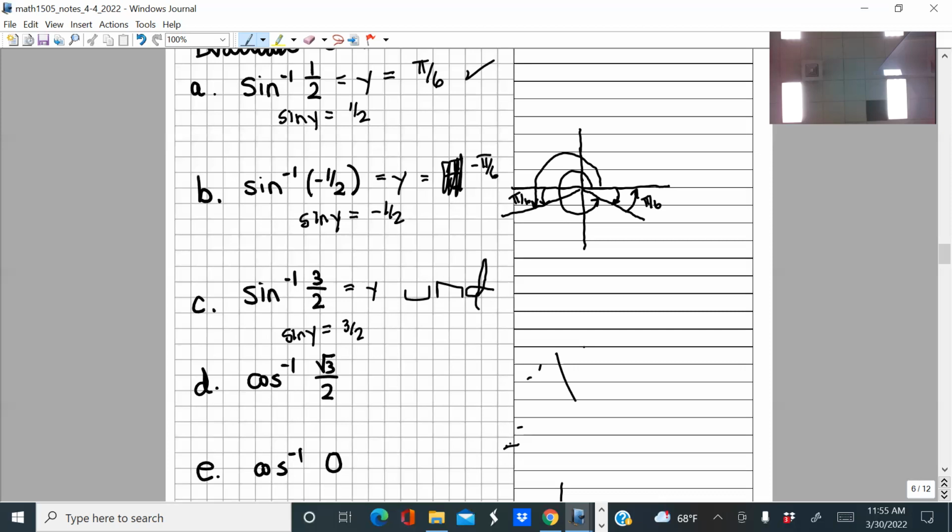You don't know what y is, but you know cosine of y has to be 0. Cosine starts at 1 and goes down and hits 0 at pi over 2, at 90 degrees. So the answer is pi over 2.